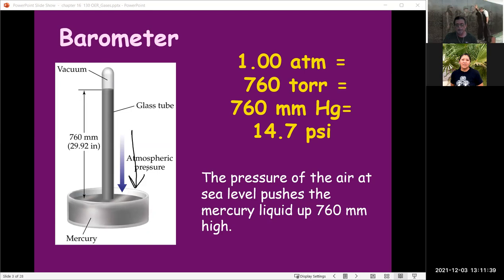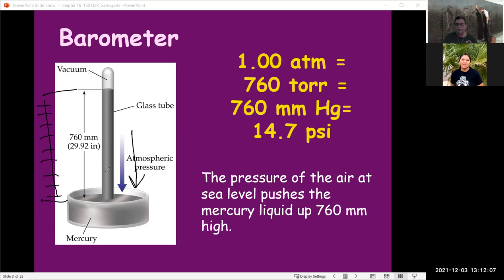As the atmospheric pressure goes up and down, depending on the climate and what's going on, this mercury, most of the time this is mercury inside, okay, will go up and down. And we have a scale here that we can put, all right?